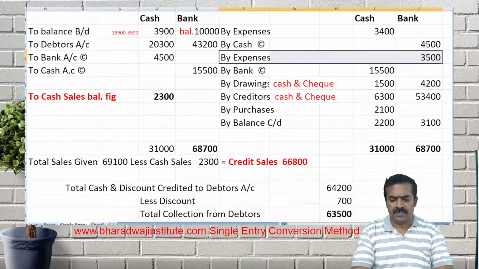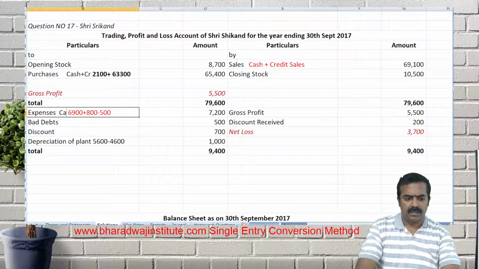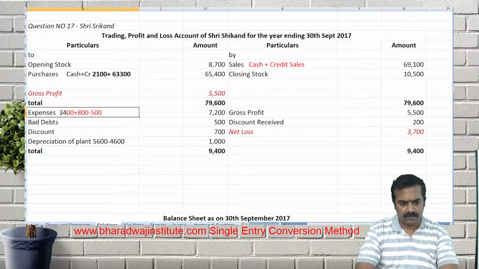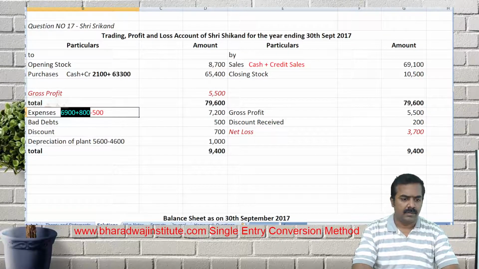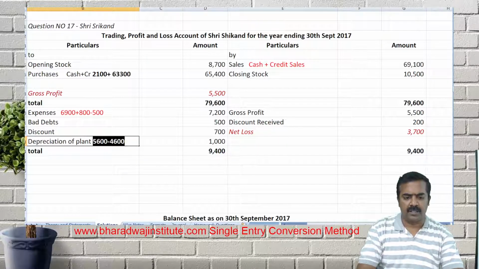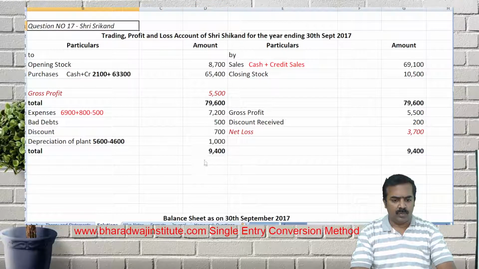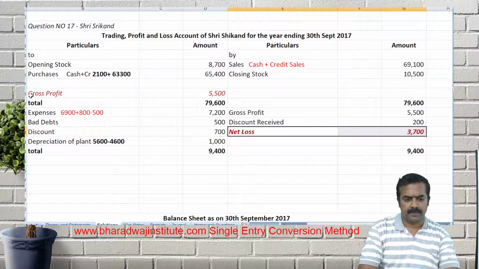Cash expenses plus cheque expenses. Depreciation on plant, difference between opening and closing balance, is taken as 1,000. We get a net loss. How much? 3,700.